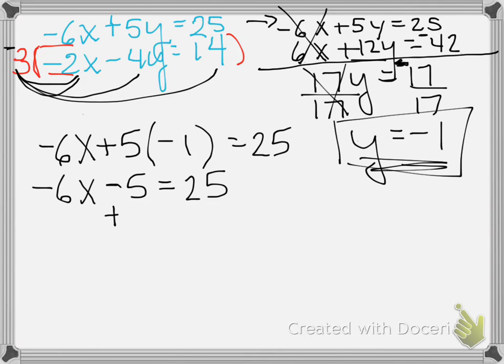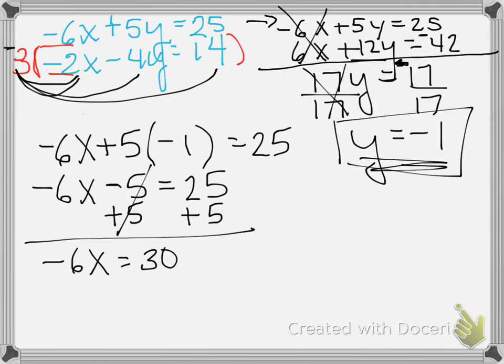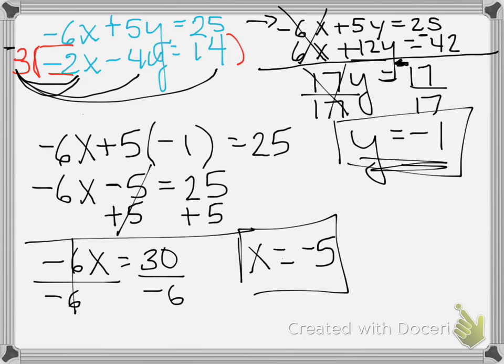Then using the addition property of equality, I'm going to add 5 to both sides. Canceling that, I get negative 6x equals 30. Division property of equality, divide by negative 6 on both sides, and I get x equals a negative 5. So it looks like we have a solution of negative 5 comma negative 1.